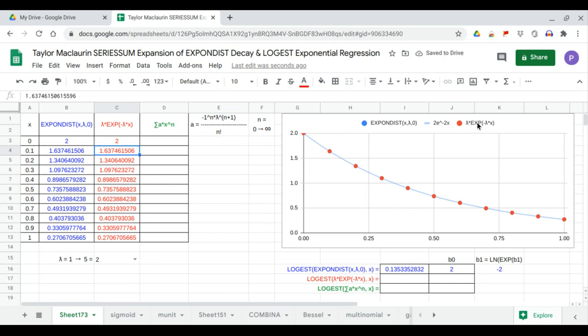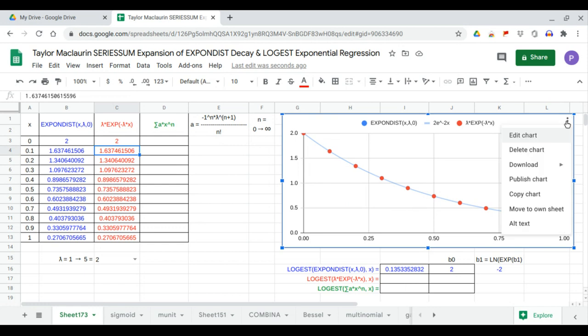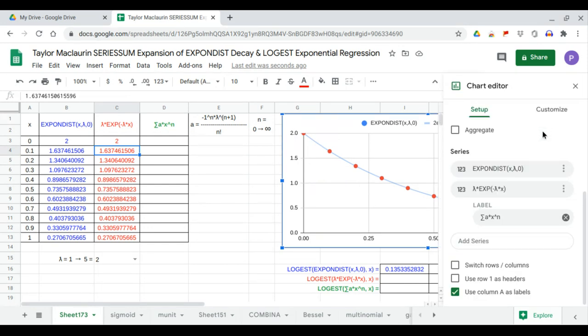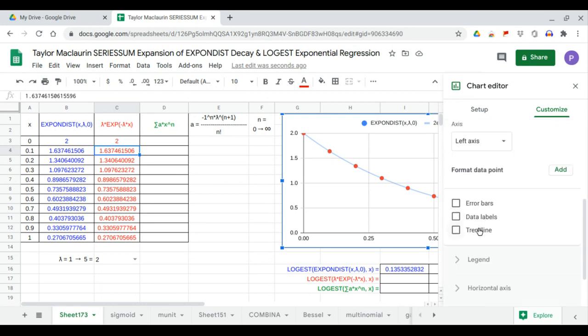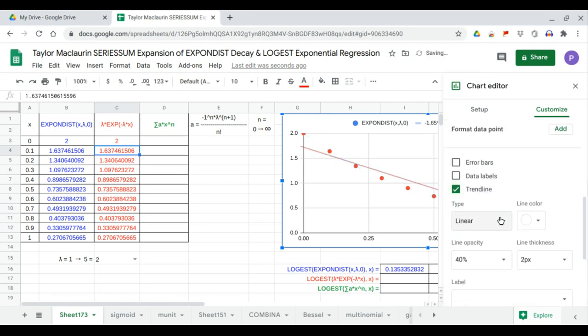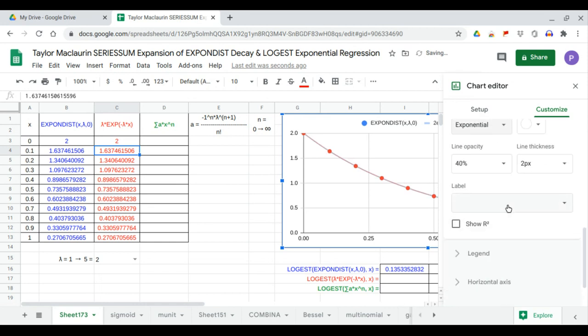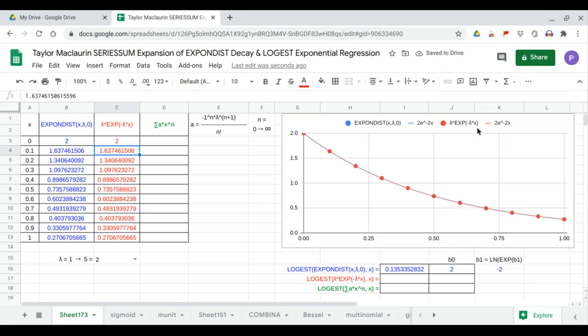But there's no equation. So we have to change the chart, edit, and series, trend line, exponential, and equation. So they are the same equation.